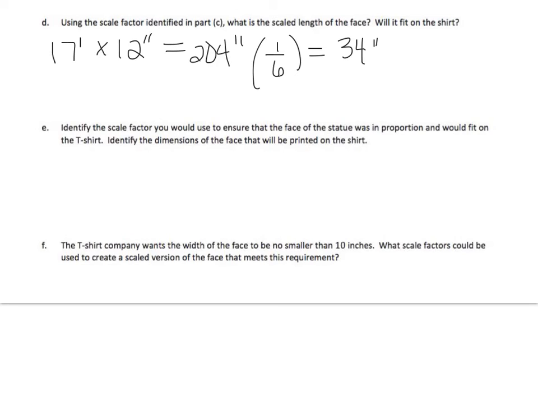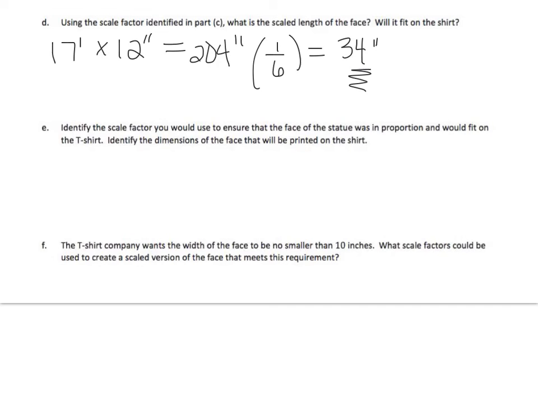The scaled length of the face would be 34 inches. The length of the shirt is only 29 inches, so the face isn't going to fit, right? So let's identify the scale factor we would use to ensure that the face of the statue is in proportion and will fit on the t-shirt.